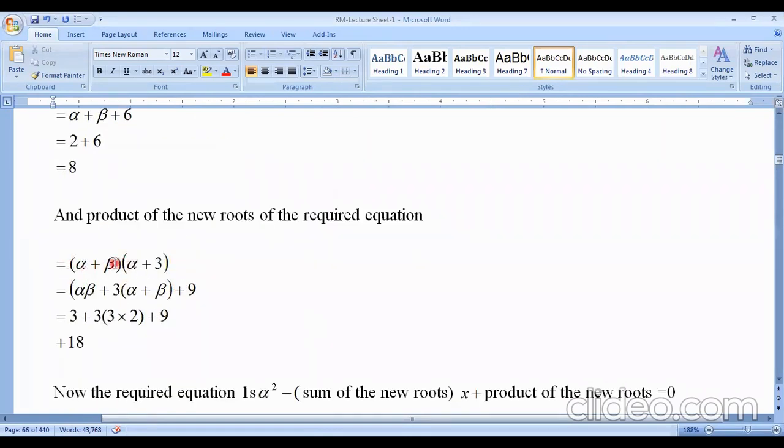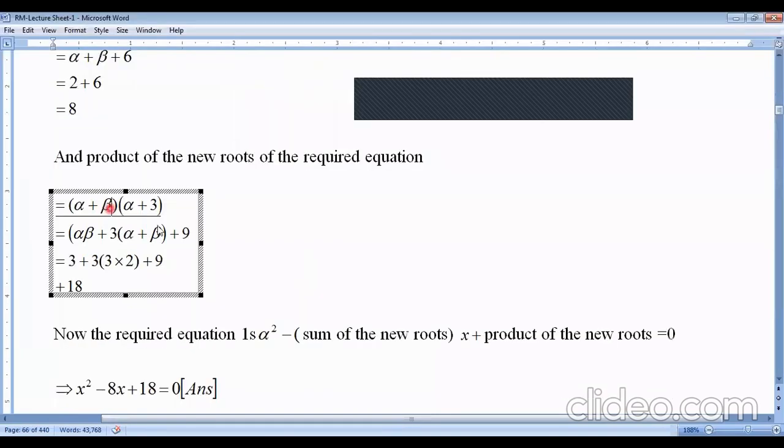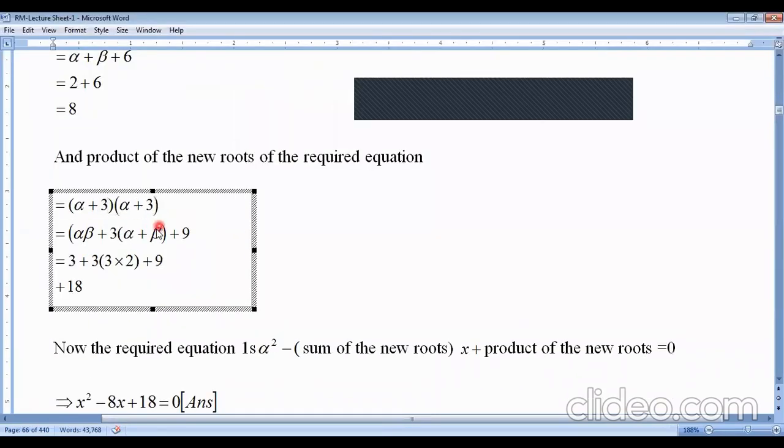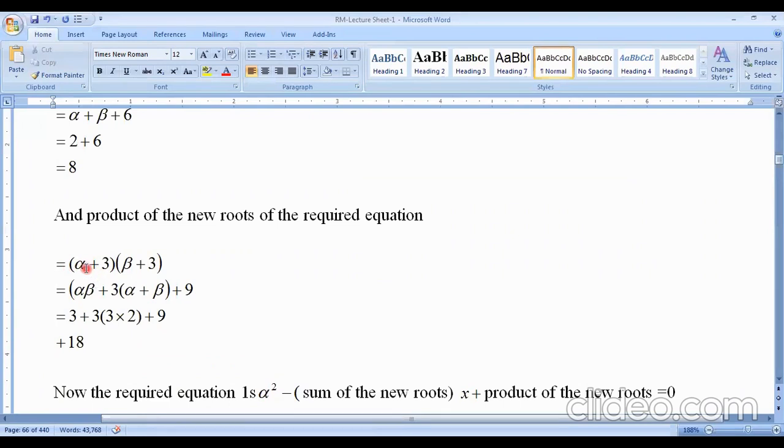Now the product of new roots will be alpha plus 3 into beta plus 3. Multiplying, we get alpha beta plus 3 into alpha plus beta plus 9.